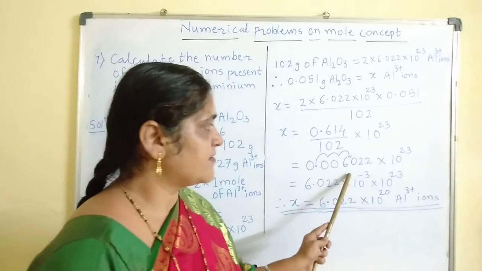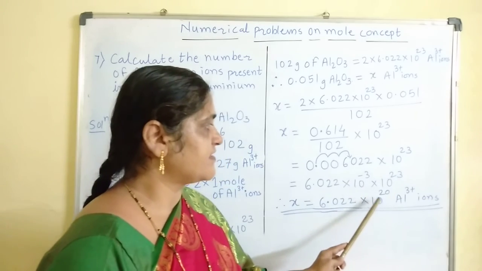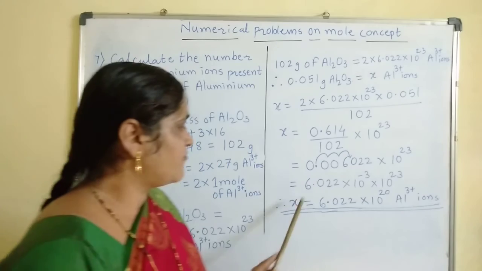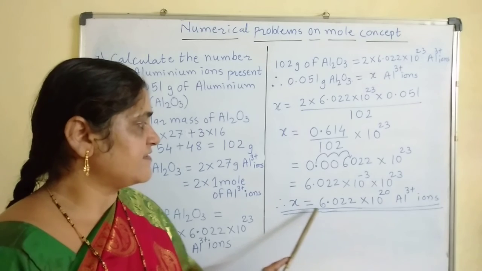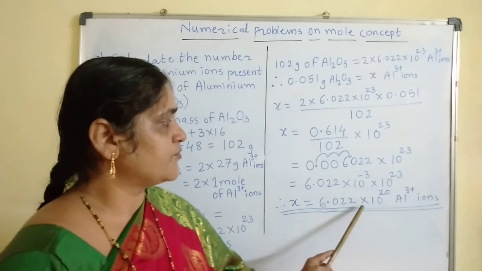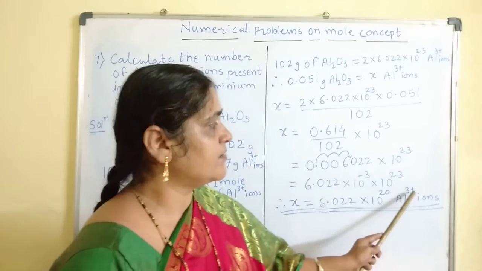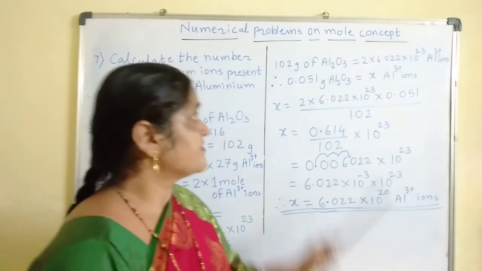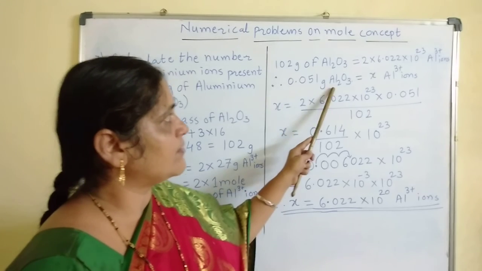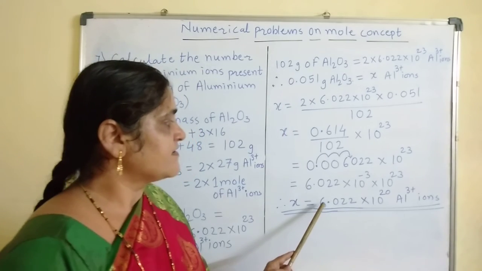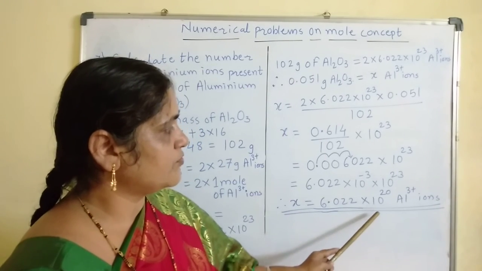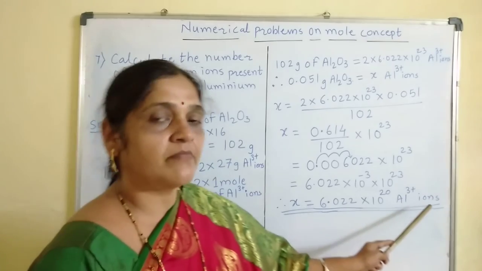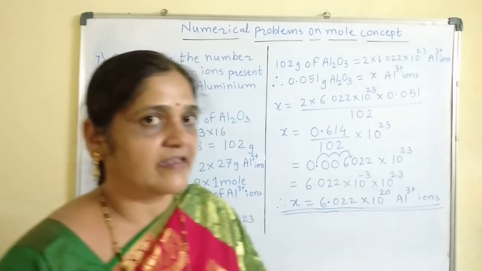Now we do the exponent subtraction: 23 minus 3 is equal to 20. So the final answer, X, is equal to 6.022 into 10 raised to 20 aluminum ions. It means 0.051 gram of aluminum oxide contains 6.022 into 10 raised to 20 aluminum ions. This is our final answer.